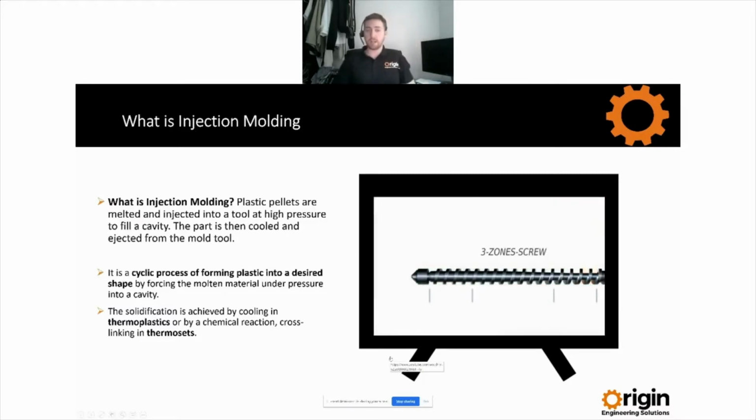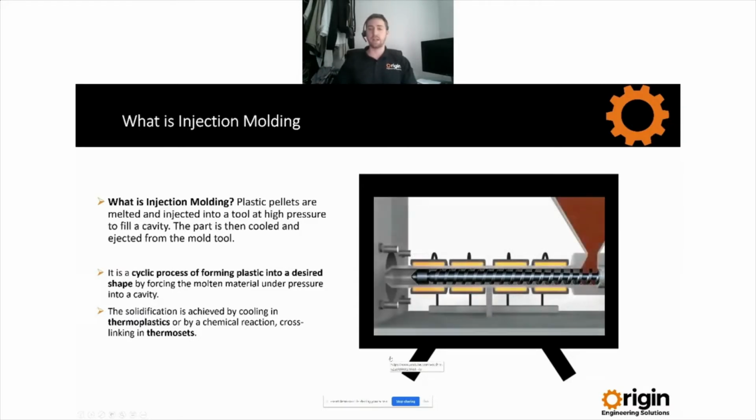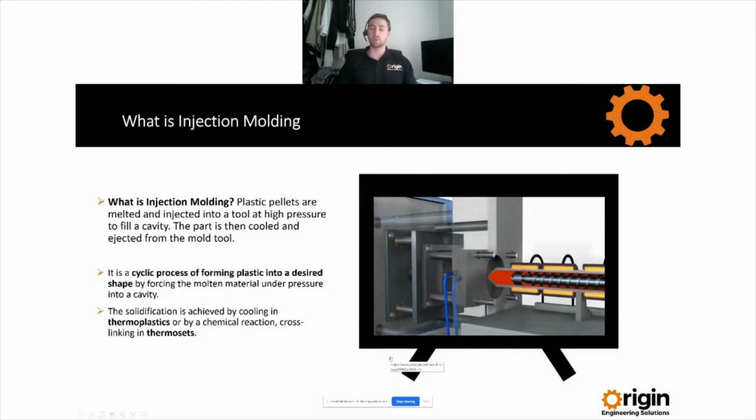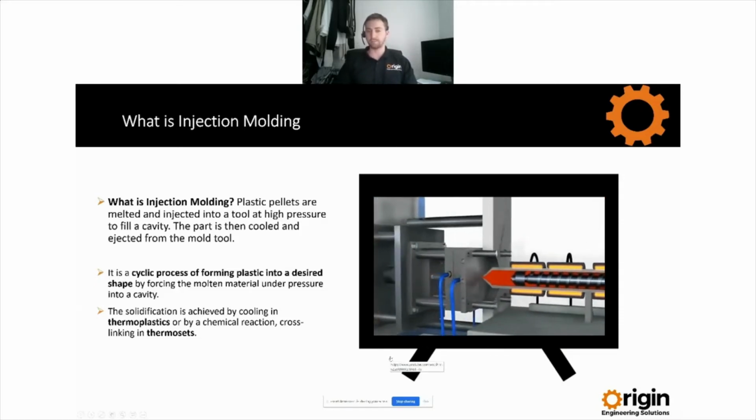So injection molding, in a very simplified version, is plastic pellets or granules are fed into a screw, and they are melted, and then they are injected into the cavity or the mold tool at high pressure.